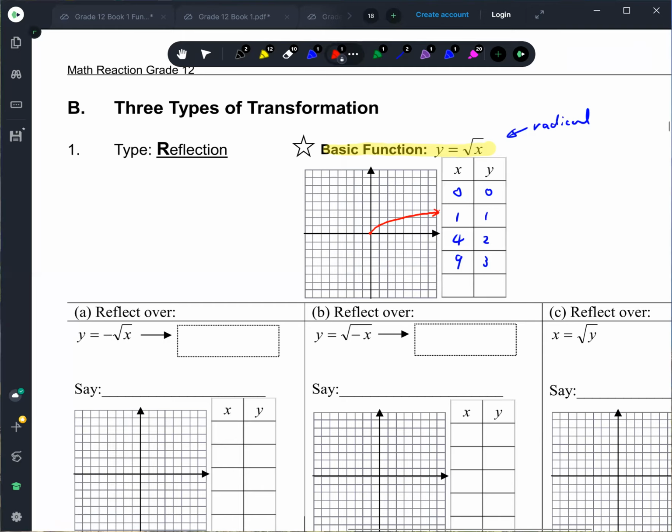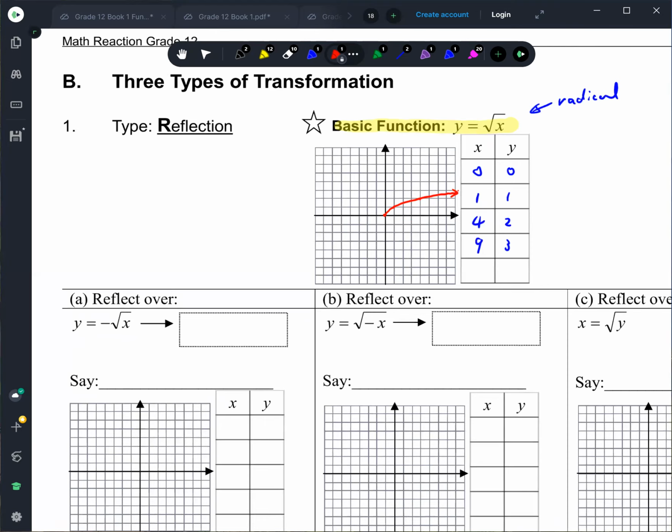Okay, I'll give you some time to write this down again. Okay, raise your hand if you're done. Okay, Evan and Jenny, you finished?